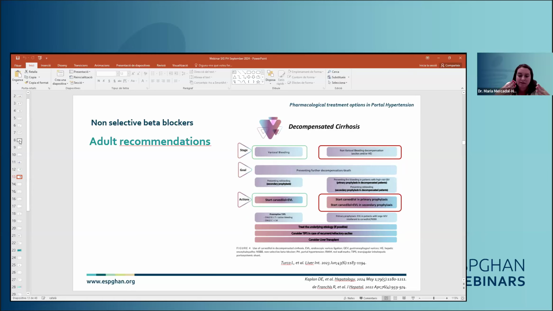The idea is to use carvedilol in variceal bleeding to prevent the rebleeding as secondary prophylaxis, obviously with endoscopy too. And in the other patients that haven't bled but have had ascites or hepatic encephalopathy, also start it to prevent the first bleeding, as primary or as secondary prophylaxis.